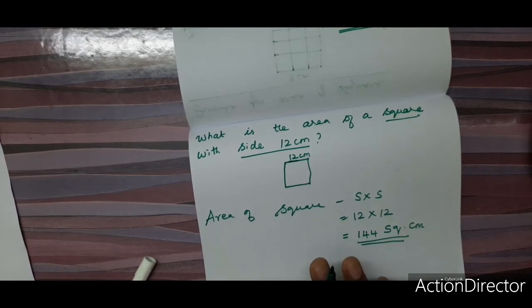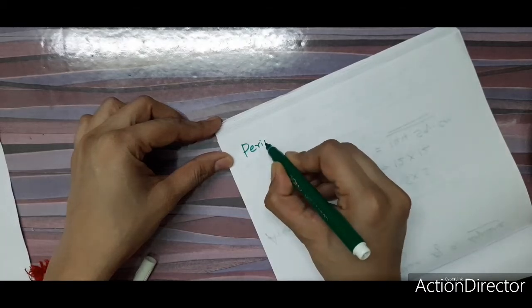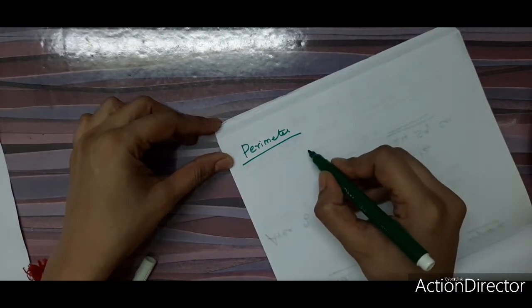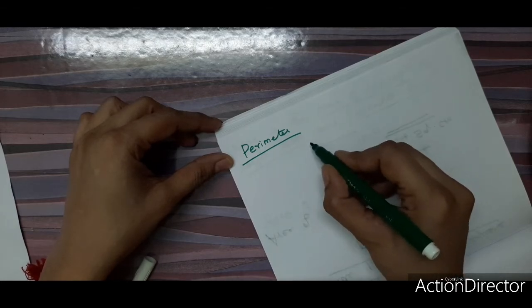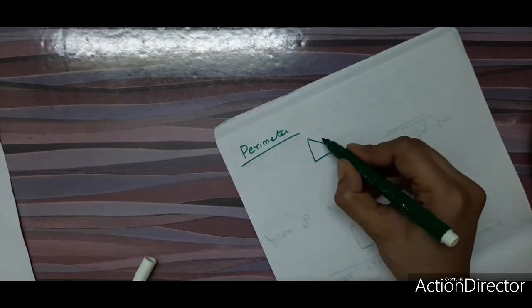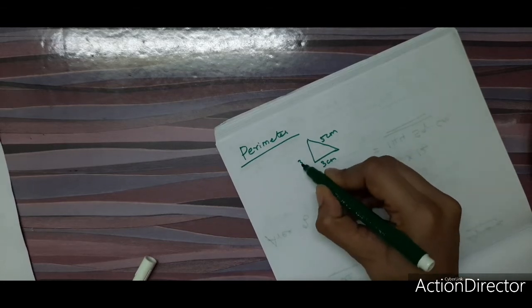We studied 4 formulas in this chapter. So what are the 4 formulas we studied? First we studied about perimeter. Perimeter of any shape, what will you do? First consider this is a shape, and this is 5 centimeter, this is 3 centimeter and this is 3 centimeter.